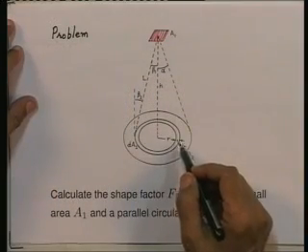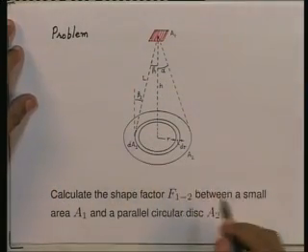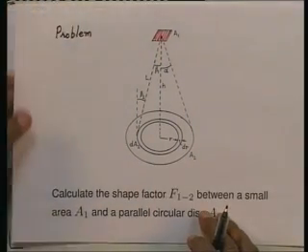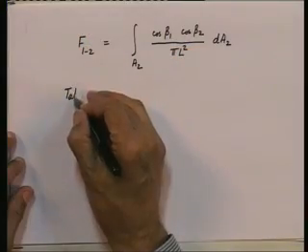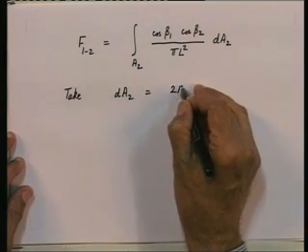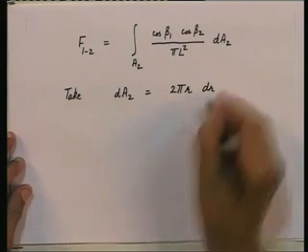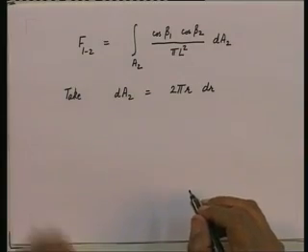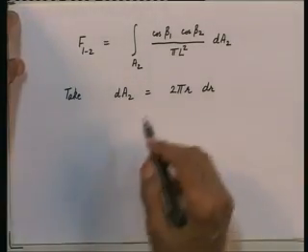I can take a ring at a radius r of thickness dr. So, my dA2 will be 2 pi r dr. Okay. Let us take that as our dA2. Because of symmetry, we will take dA2 to be 2 pi r dr. And therefore, I can now perform the integration.